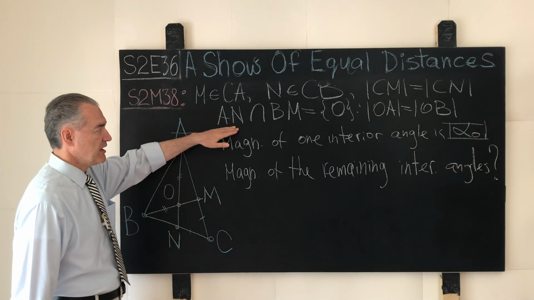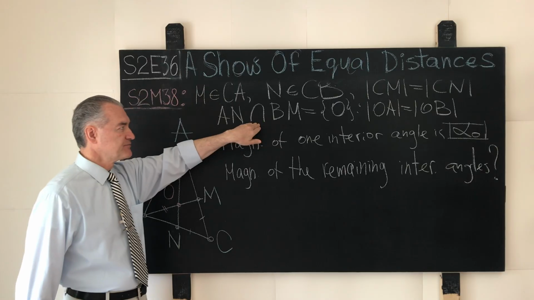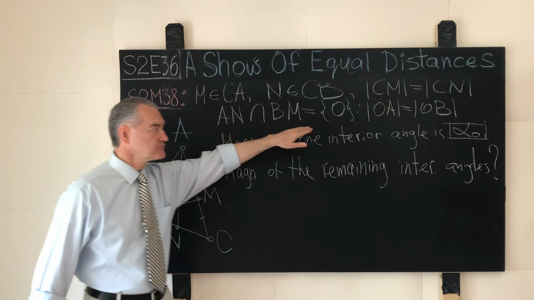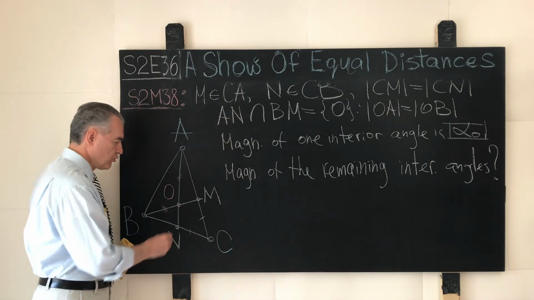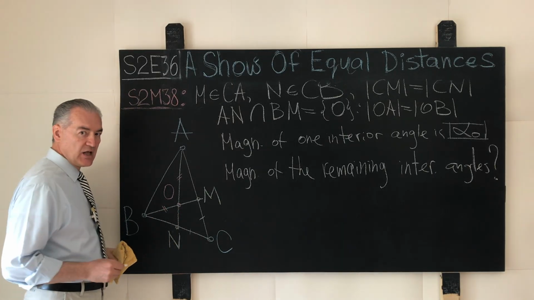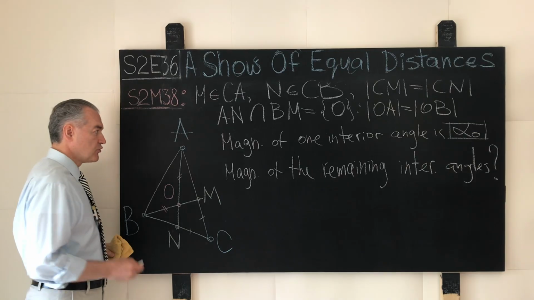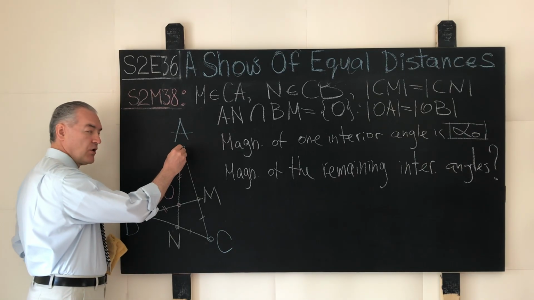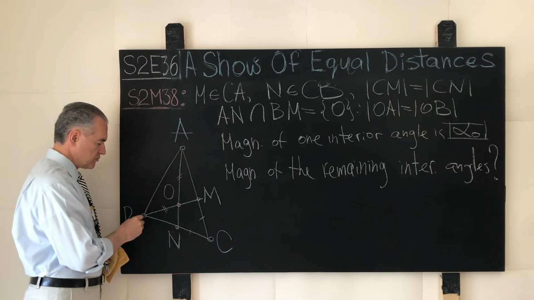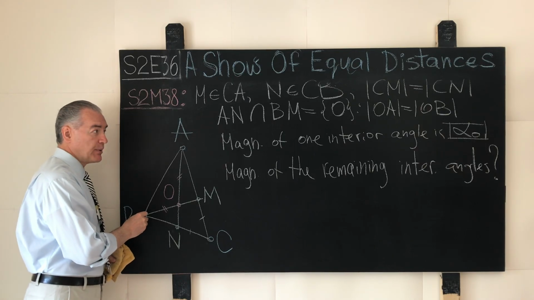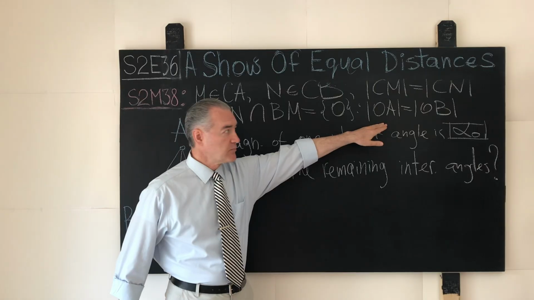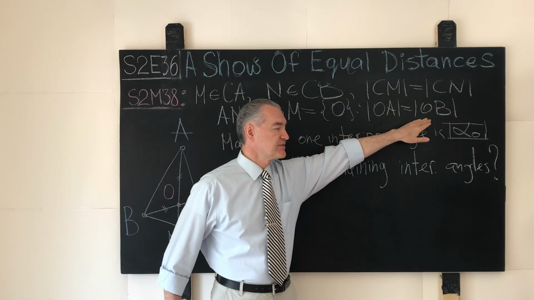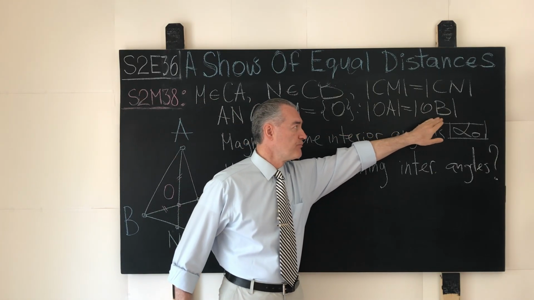The line segment AN intersects with the line segment BM over the point O. And we're told that the point O has the following property. It is equally distant from the vertex A of the parent triangle and from the vertex B of the parent triangle. We reflect that condition over here. The length of the line segment OA is exactly the same as the length of the line segment OB.